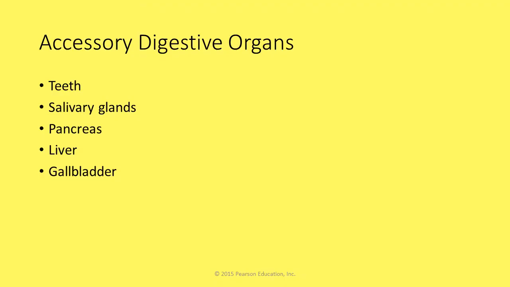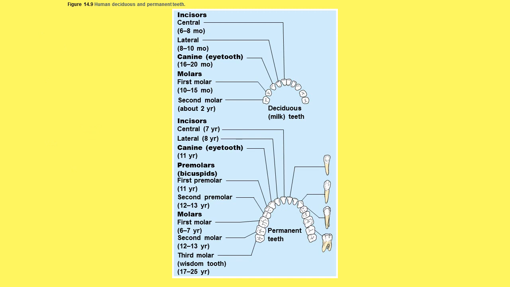The accessory digestive organs are going to be the teeth, the salivary glands, the pancreas, the liver, and the gallbladder. The teeth, the deciduous teeth, are commonly referred to as milk teeth or the baby teeth. You have more permanent teeth. Now, we do give the teeth different names.